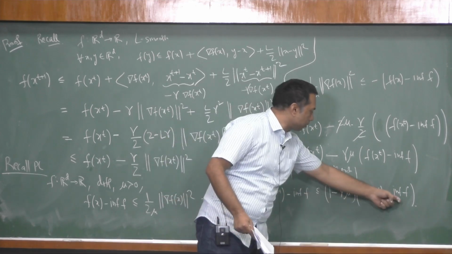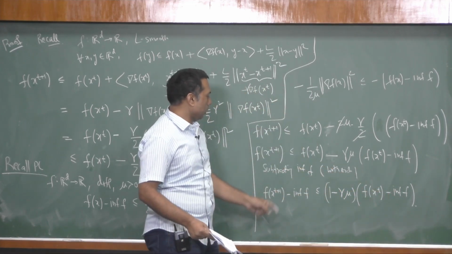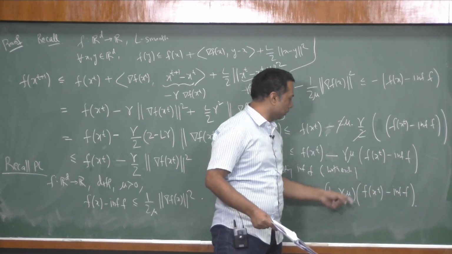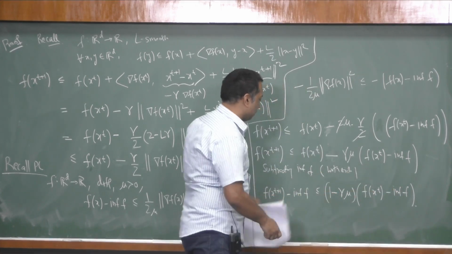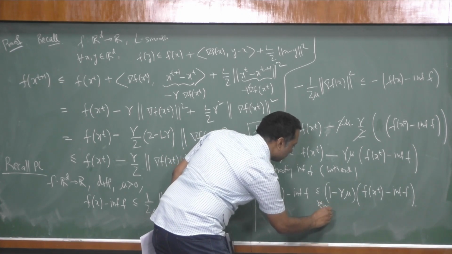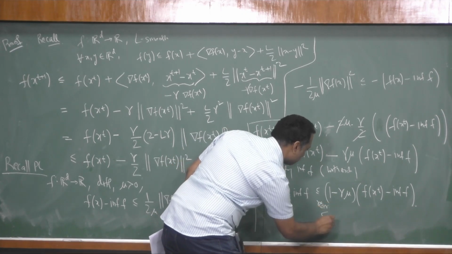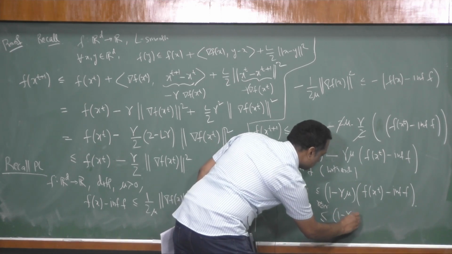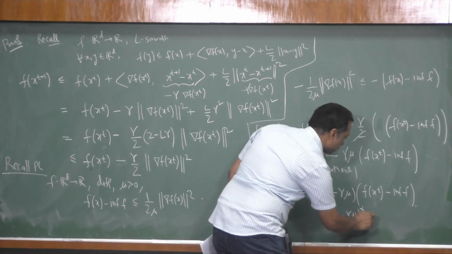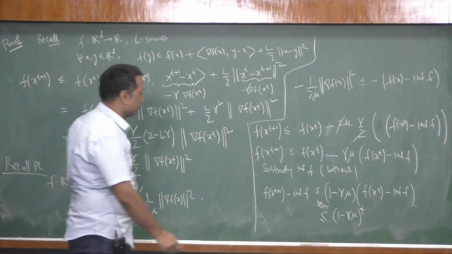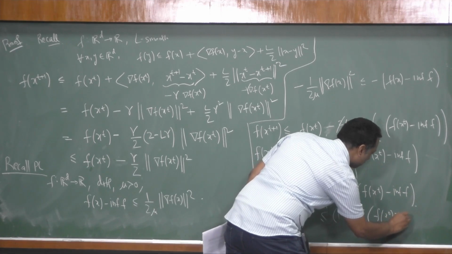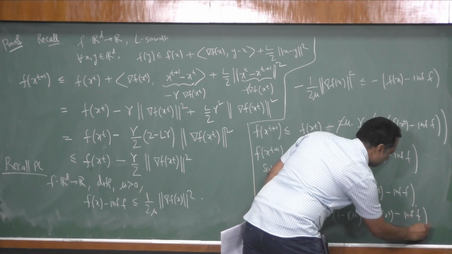So f(x_t) minus infimum of f is less than or equal to 1 minus gamma mu times f(x_{t-1}) minus infimum of f. So if you keep doing this recursively, I will get eventually (1 minus gamma mu) to the power t plus 1, okay, in this case it is t, and then f(x_0) minus infimum of f.